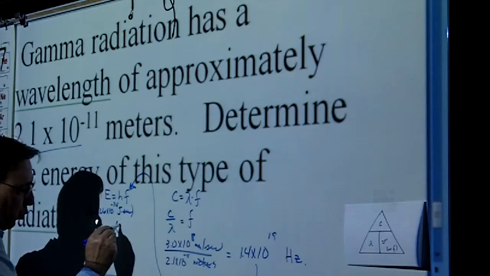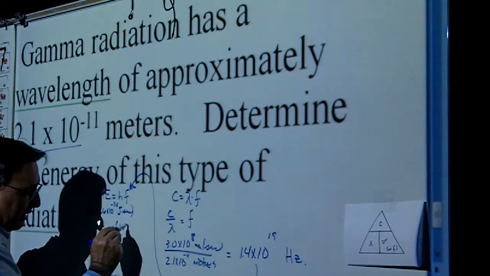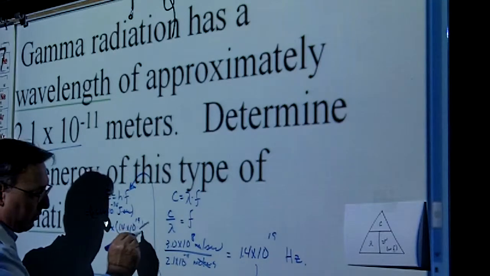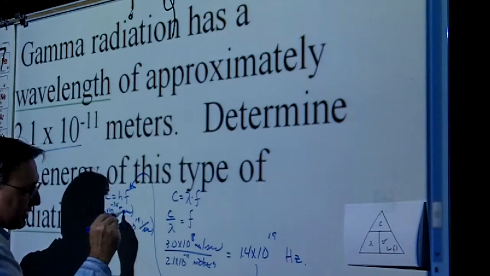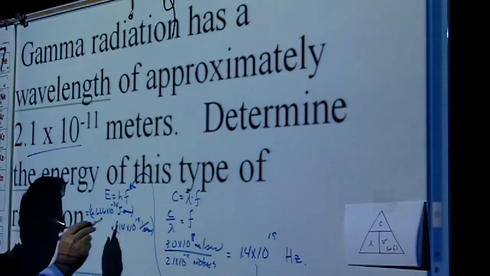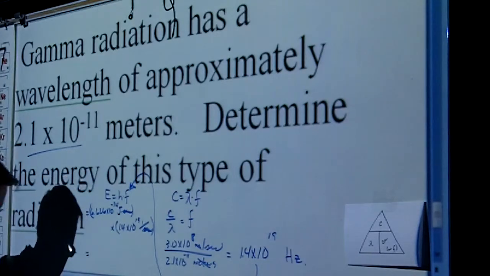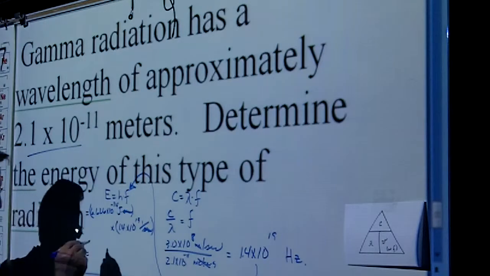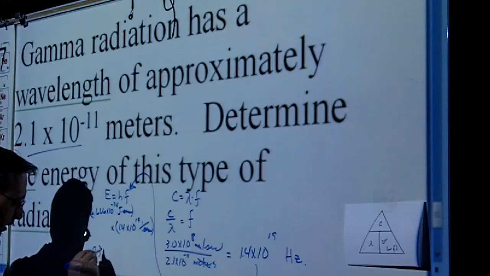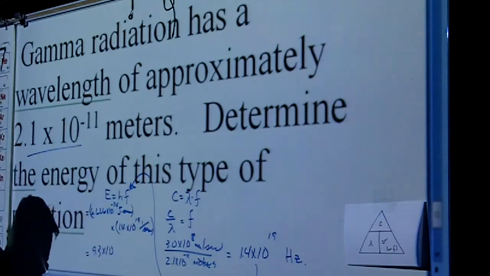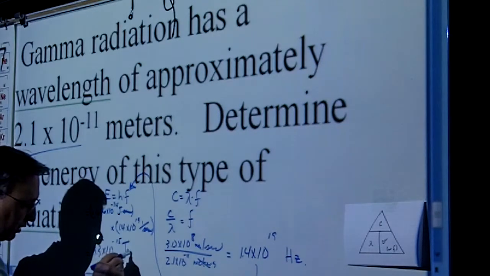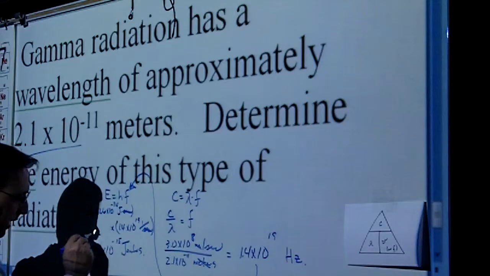That value is 1.4 times 10 to the 19th. 1 over seconds is the same thing as hertz. Seconds and seconds cancel, and I'm left with joules, which is what I'm looking for. And my final answer for that problem is this: 9.3 times 10 to the negative 15th joules.